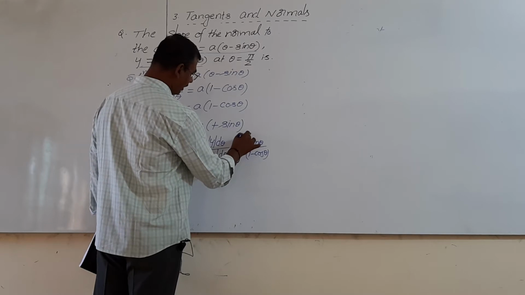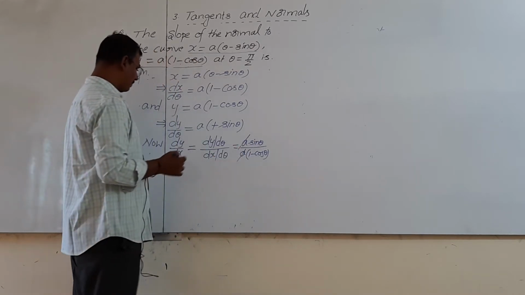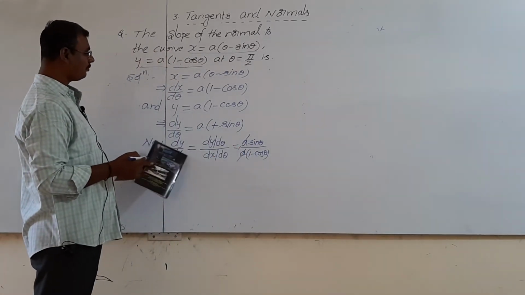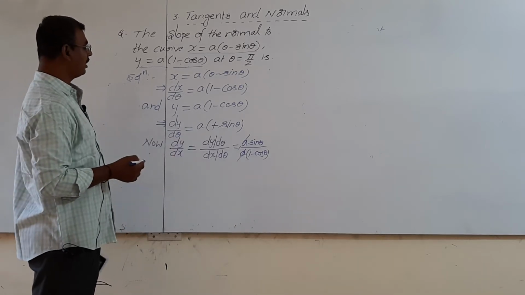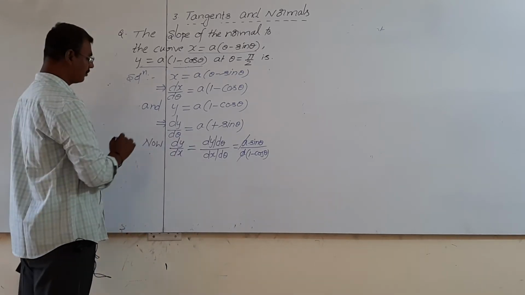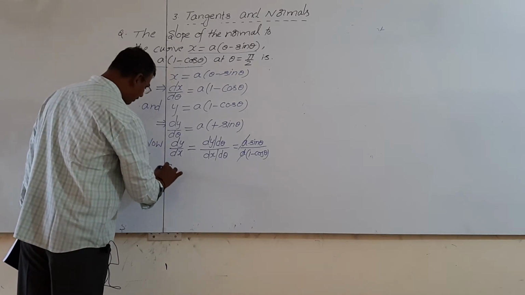So a gets cancelled. So dy by dx is equal to sin theta by 1 minus cos theta. Now, the slope of the tangent.